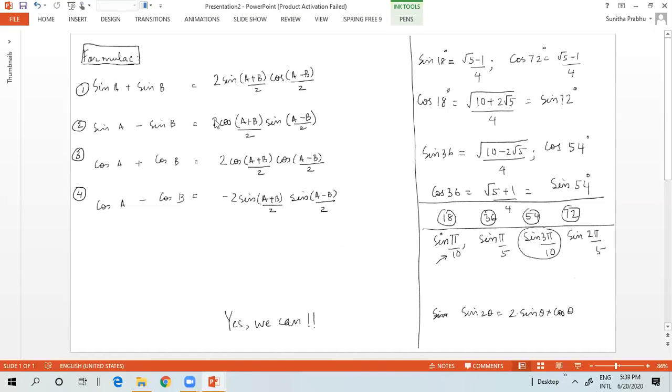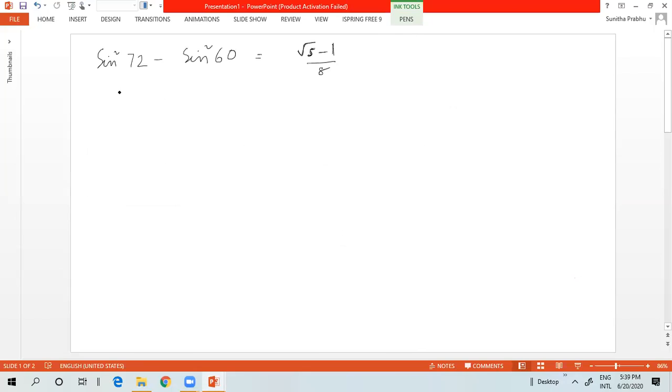So sine 72 we know is root of 10 plus 2 root 5 by 4. We just plug in the value there. Root of 10 plus 2 root 5 by 4, whole square, minus sine square 60. How much is sine square 60? Root 3 by 2 whole square, that means 3 by 4.